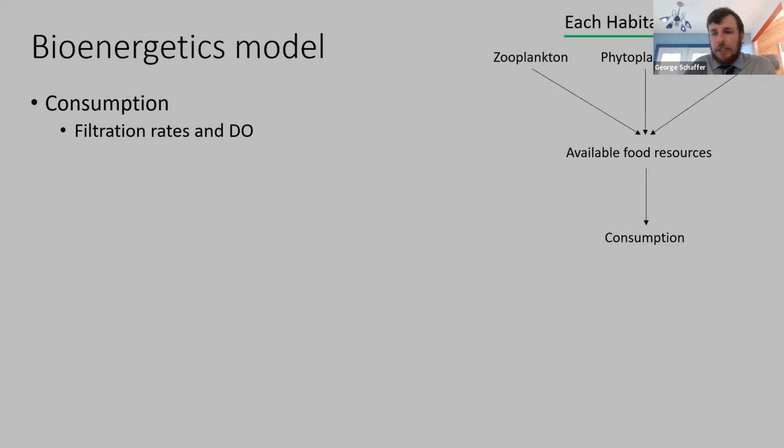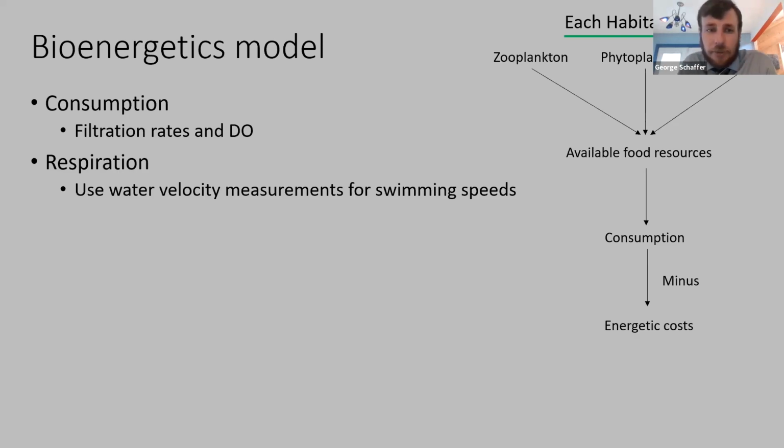We then subtracted energetic cost from our consumption equation, but we did modify our energetic cost equation slightly. More specifically, in our respiration equation we used water velocity measurements as a substitute for swimming speed, assuming that the fish was holding a constant position within the habitat cell.